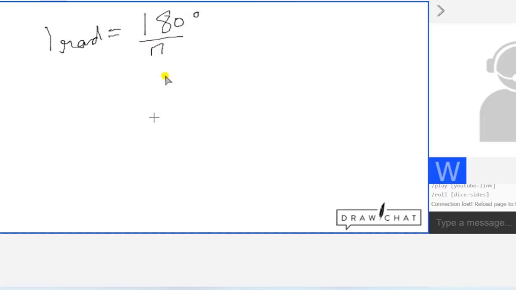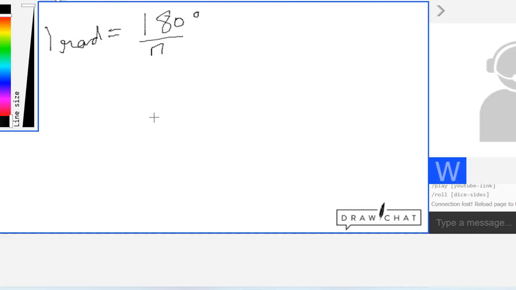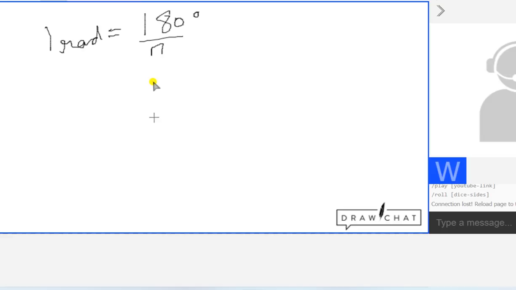So what do we do with radians? We take the degree measure. Like the chocolates, in the previous one we had 7 chocolates; let's say here we have x degrees.